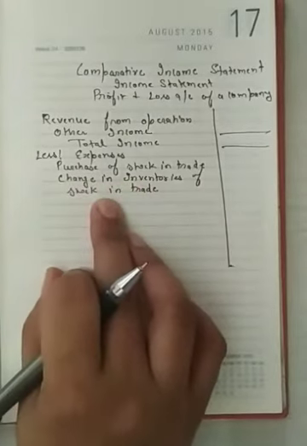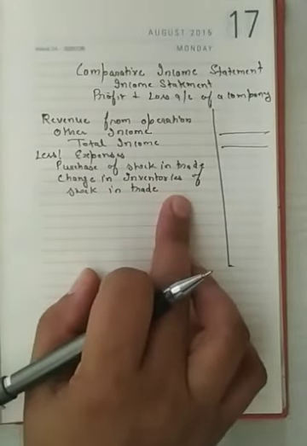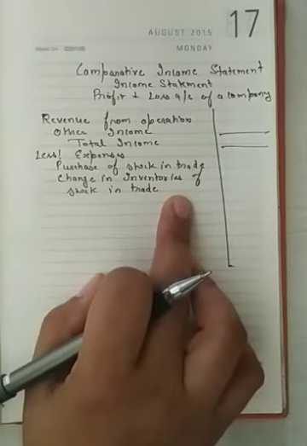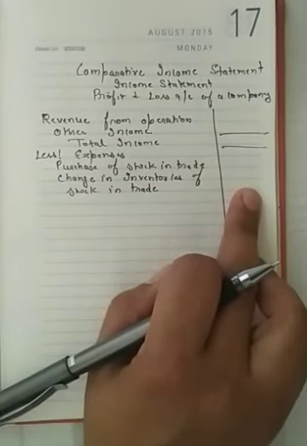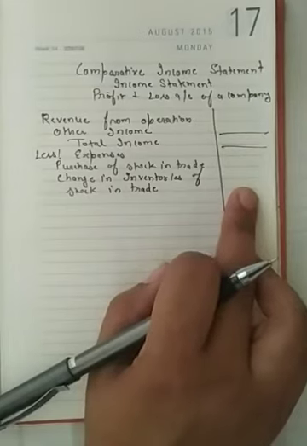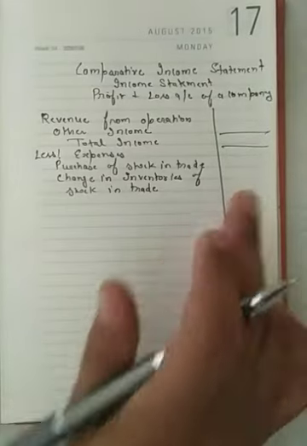Changes means we will take the difference of the opening and closing stock here. If your closing stock is more than the opening stock, then you will take this difference in the negative. And if your closing stock is less than opening stock, then you will take this difference in the positive.